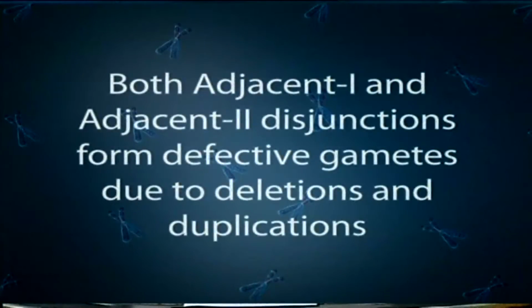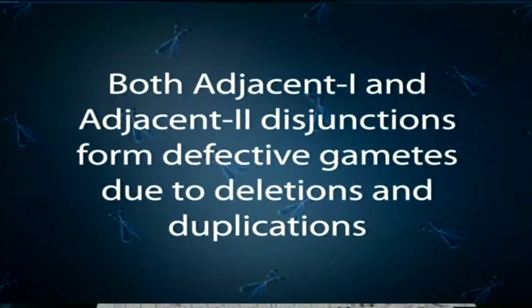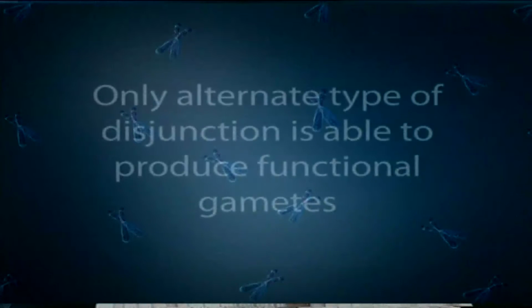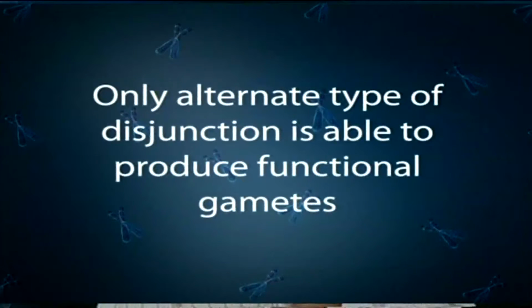As far as the meiotic behavior of translocation heterozygotes is concerned, we have seen that both adjacent 1 and adjacent 2 types of disjunction result in the formation of defective gametes due to the presence of deletions and duplications. So, because of this defect, only the alternate type of disjunction is able to produce functional gametes, and fertilization will take place only with such functional gametes.